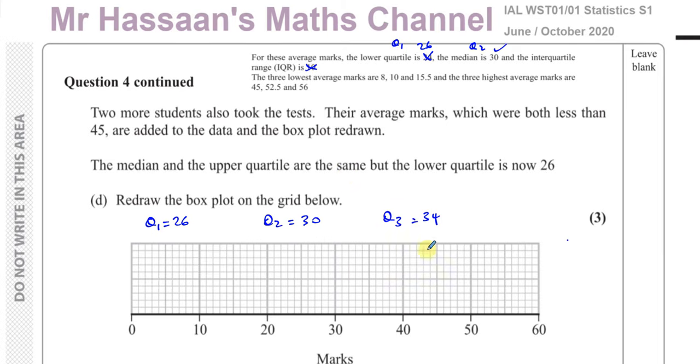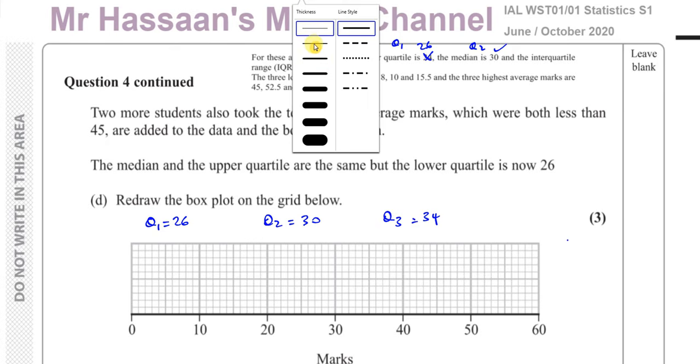So that's the new information about the quartiles. It says the average marks were both less than 45, added to the data, and the plot redrawn. The median and upper quartile are the same. The lower quartile is now 26. So let me do the box plot again.